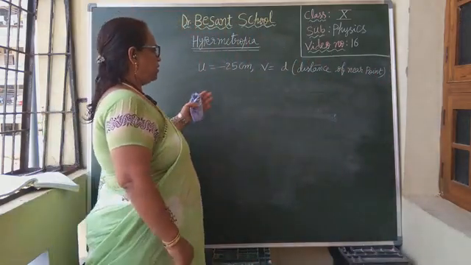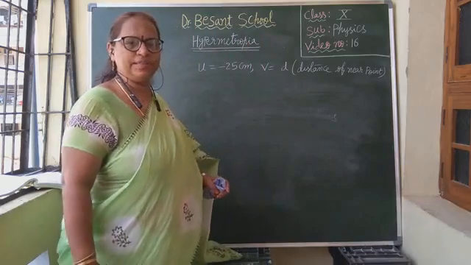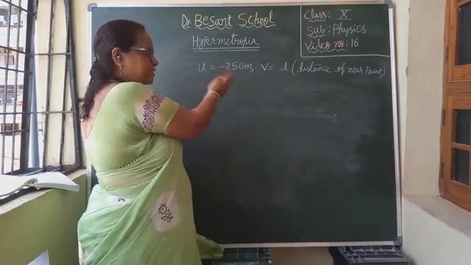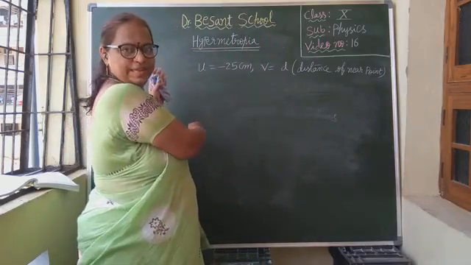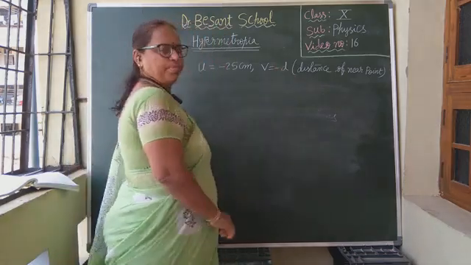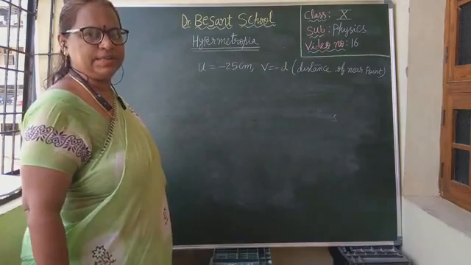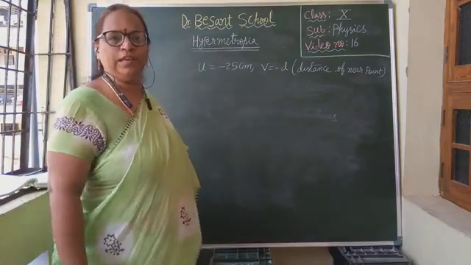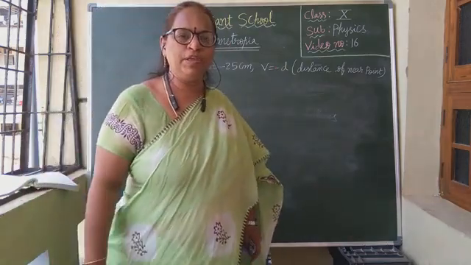See here. Now apply sign convention for this. The image is also forming on the same side as the object, isn't it? So what will be the sign convention? Minus d. Understanding, children? Now we want to find the focal length. So what formula will we use?